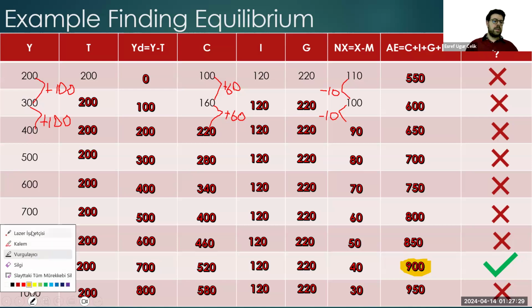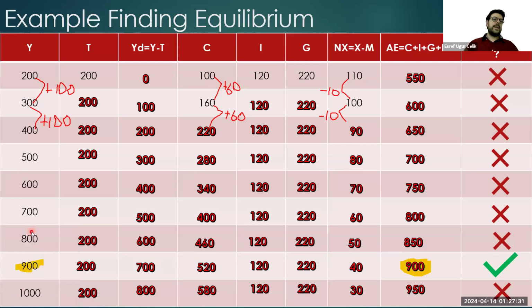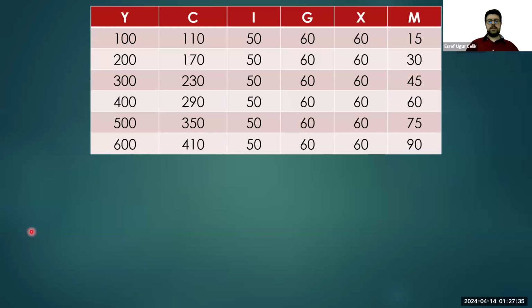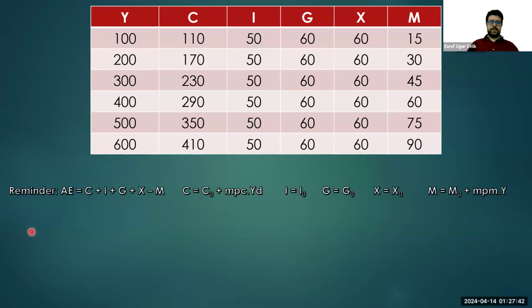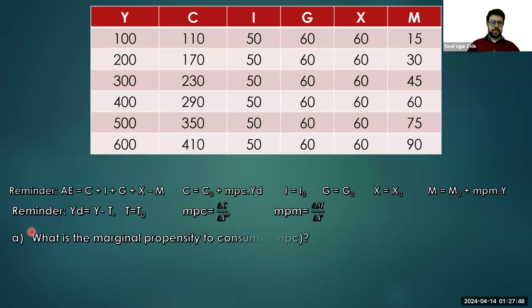Okay, let's come to the other slides. These are examples of using a table. I think I have 2 more questions left. I give all the formulas again here. I'm also able to ask what is the marginal propensity to consume?